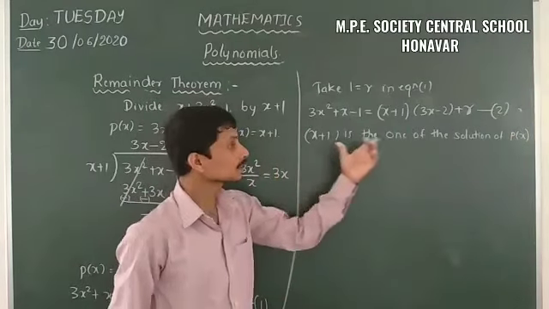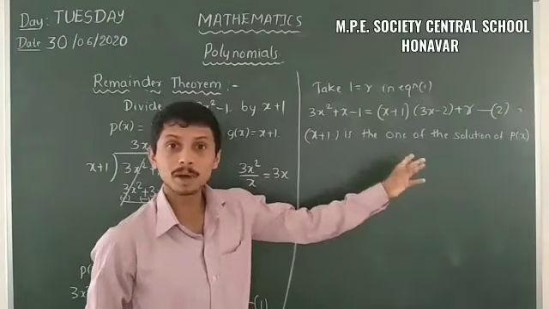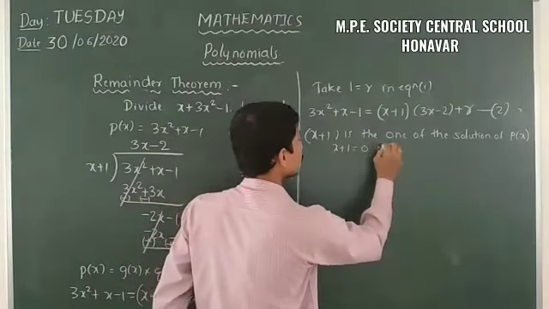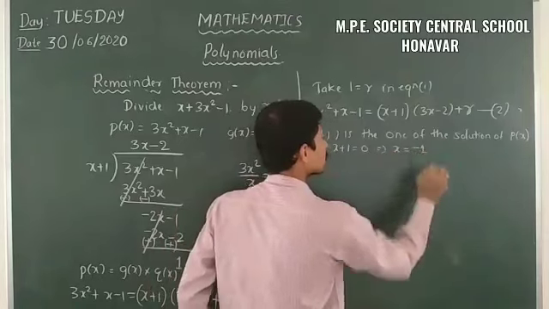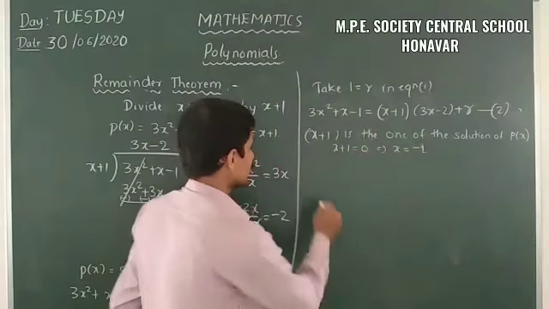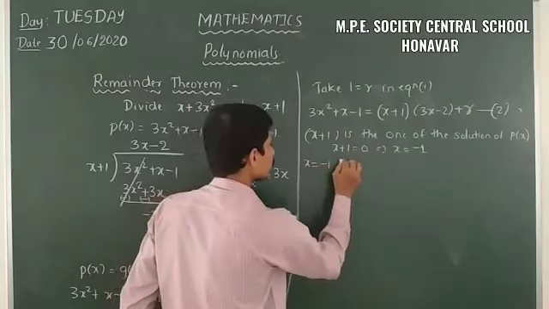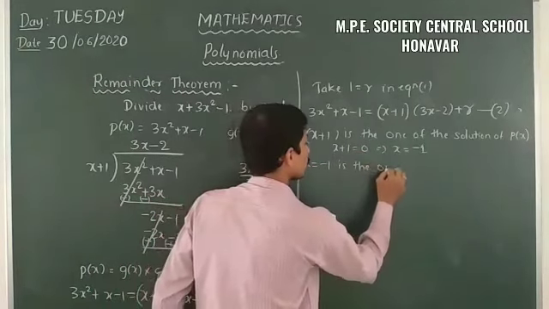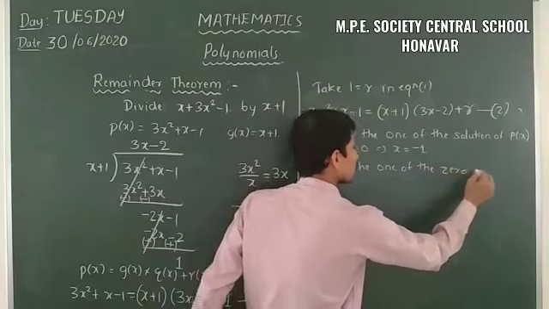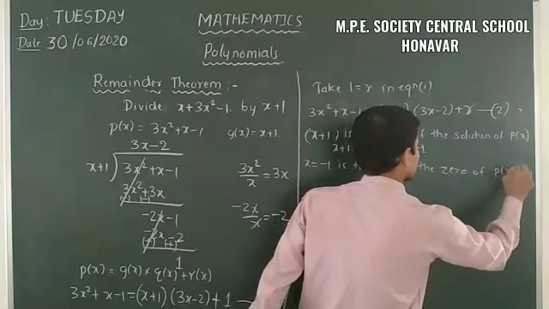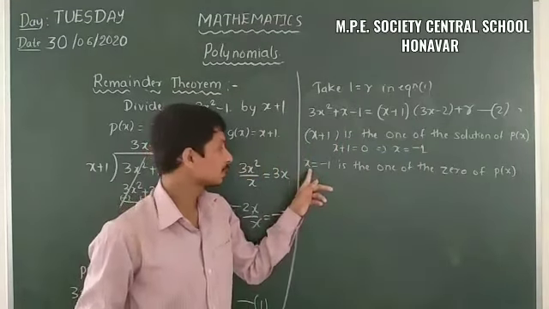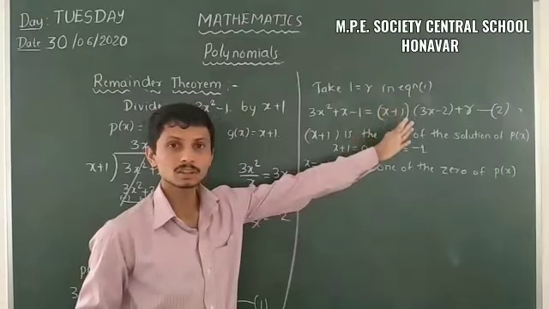So when we take x plus 1 is equal to 0, that means x is equal to minus 1. So x is equal to minus 1 is one of the zeros of p of x. So we have to substitute x is equal to minus 1 in equation 2.